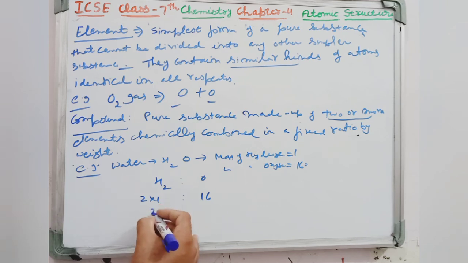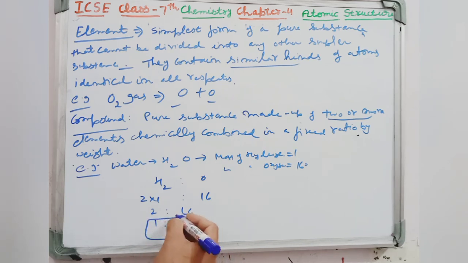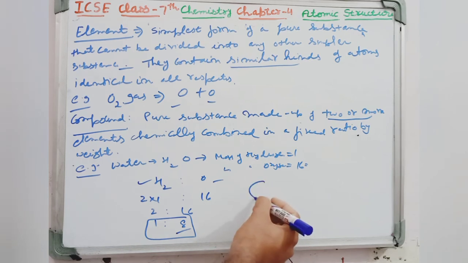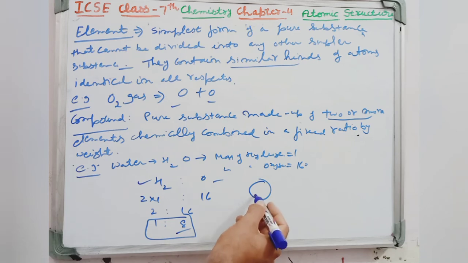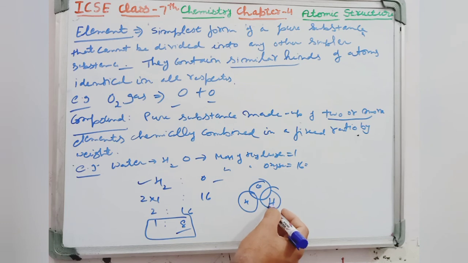So it will become 2 ratio 16, which is 1 ratio 8. It is a fixed ratio. So water contains a fixed ratio of hydrogen and oxygen, that is 1 ratio 8. Right? The diagram will look like this. This is oxygen, this is hydrogen: 1 atom of oxygen and 2 of hydrogen. Right? So this was element and compound.